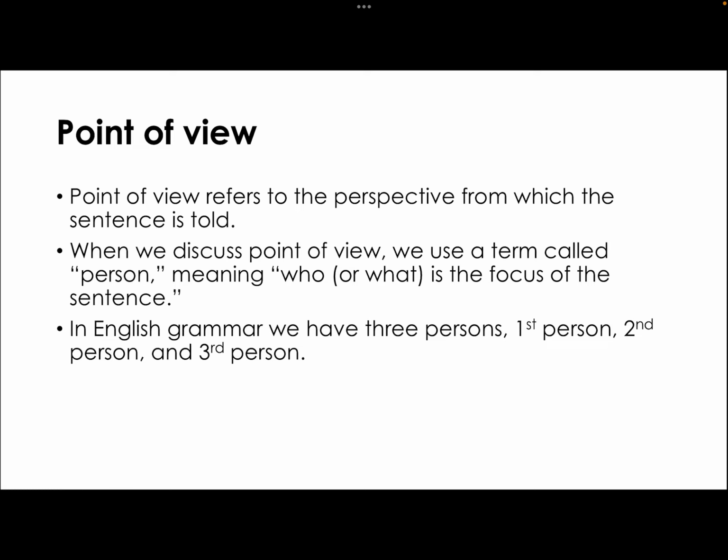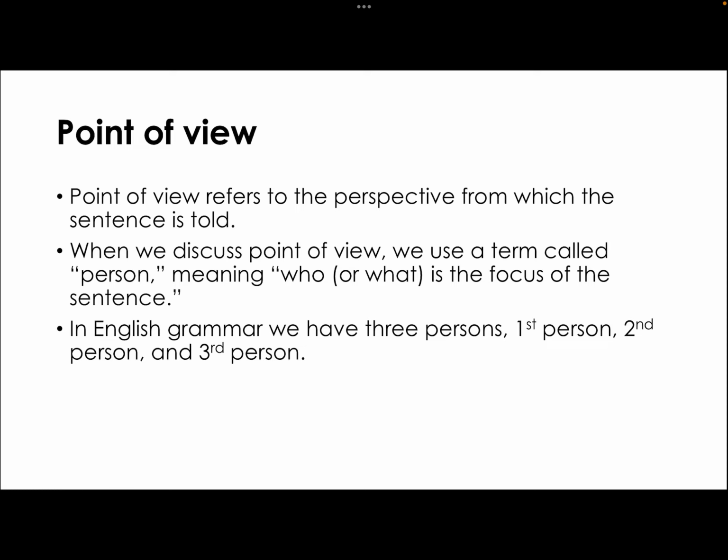So in English, we have three persons: first person, second person, and third person, right? And since the point of view refers to the perspective, if we use mixed point of view, then the perspective gets confused too. Then we will get lost in the middle of the sentence. So it is important to have a consistent point of view.